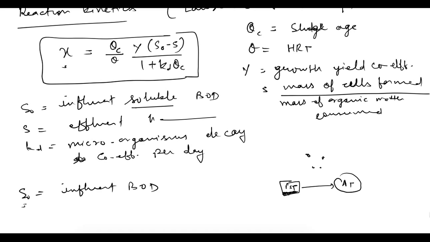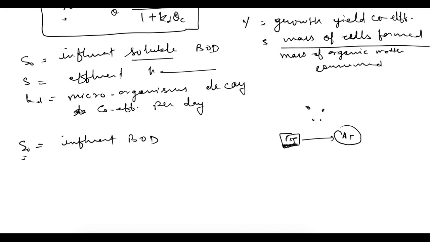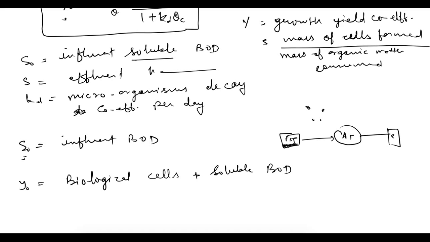But in case of effluent, let's say Y naught is your effluent BOD. Effluent BOD is due to both things, that is your biological cells and soluble BOD. These two are contributing at the effluent point, that is after the secondary sedimentation tank. When this effluent is taken, some biological cells are there and obviously some soluble BOD is there.